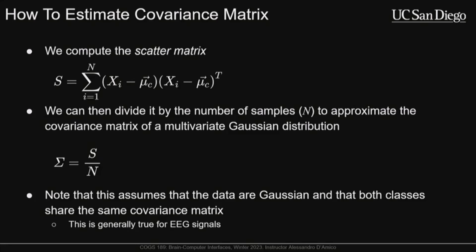Yeah, so that's a good question. The question was, how does LDA perform in a real online environment with non-stationary data, which EEG is. This is one of the reasons why we like LDA, it performs pretty well. The issue of non-stationarity is always going to be present with EEG data, especially online.